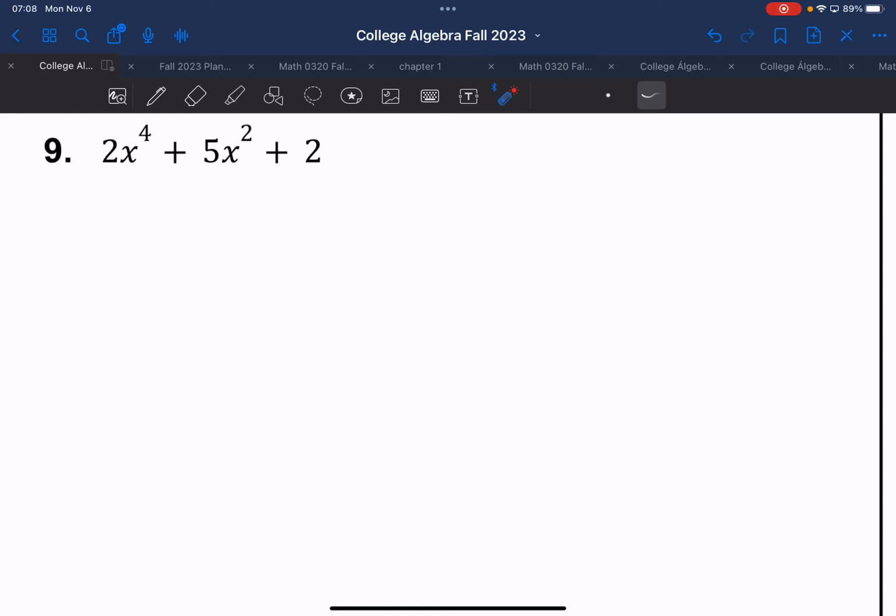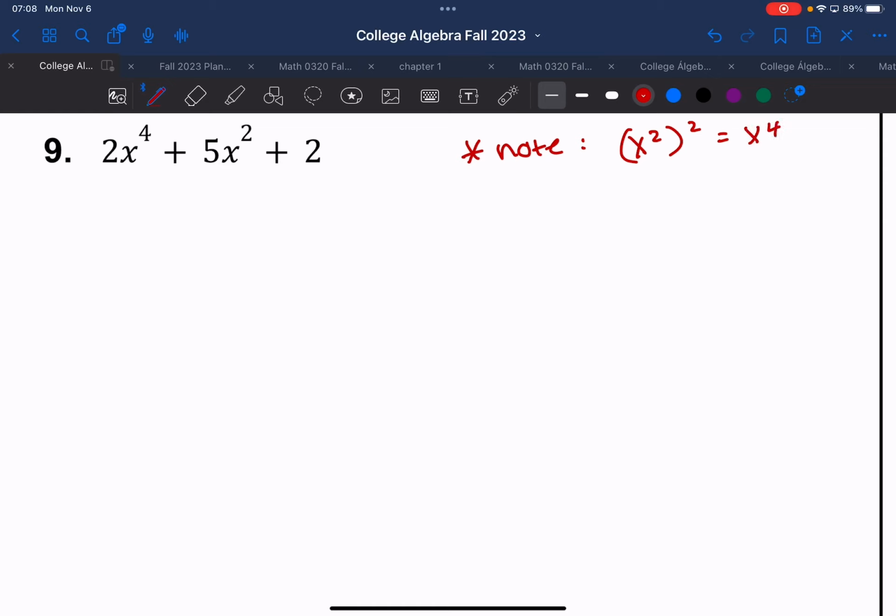So if you see stuff like this, where it's like x to the 4th and then x squared, okay? Notice that x squared, if we squared that, would become what? X to the 4th.